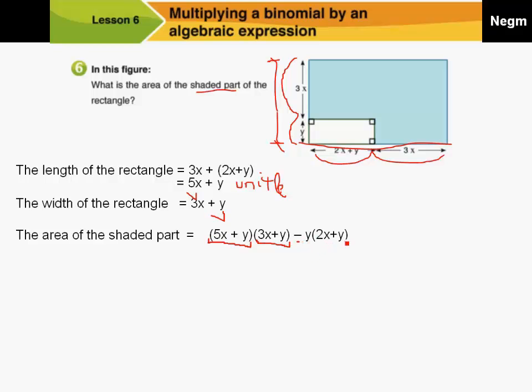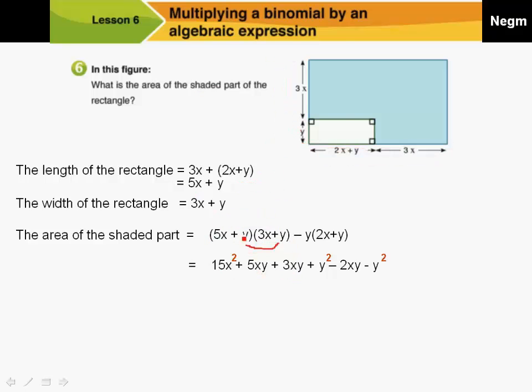Multiply 5x times 3x gives 15x squared. 5x times y gives 5xy. y times 3x gives 3yx, or it can be written as 3xy, plus y times plus y is equal to plus y squared. Minus y times 2x is minus 2xy.